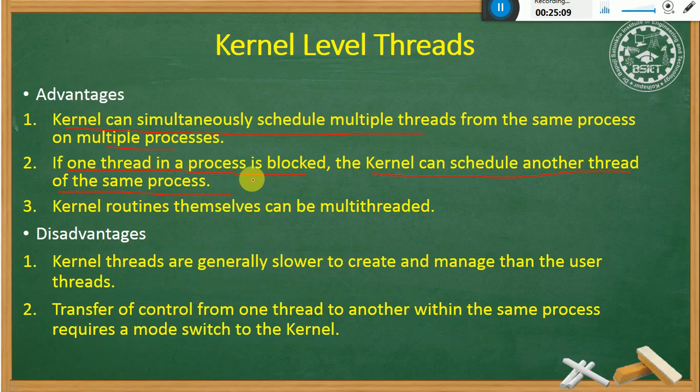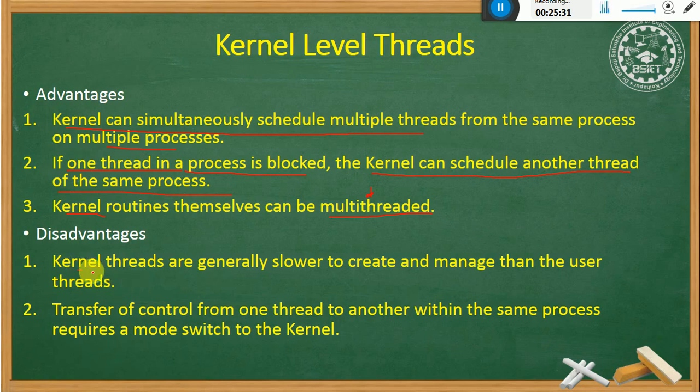That is the duty of the kernel, and it can easily execute another thread. Third, kernel routines themselves can be multi-threaded. So the kernel supports the multi-threading approach, while in user level thread, multi-threading depends upon the application.